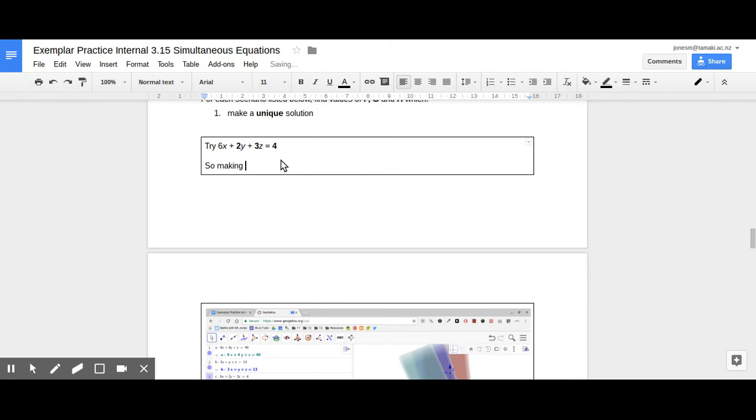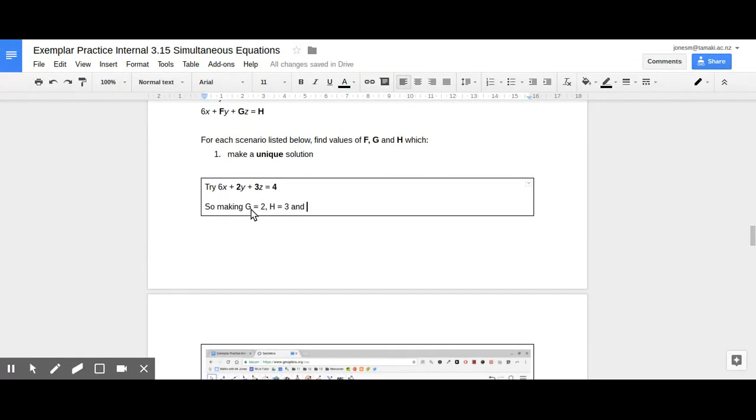So making f equals 2, g equals 3, and h equals 4 gives a unique solution.